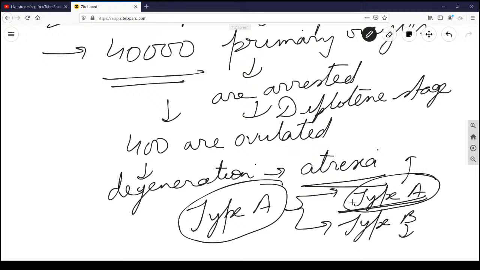This doesn't happen in females. There, the type A directly enters into oogenesis, and therefore the number of primary oocytes directly reduces after each oogenetic event. That is why females undergo menopause, but males do not undergo menopause whatsoever. We don't have any menstrual cycle, and we do not undergo spermopause, so to say.